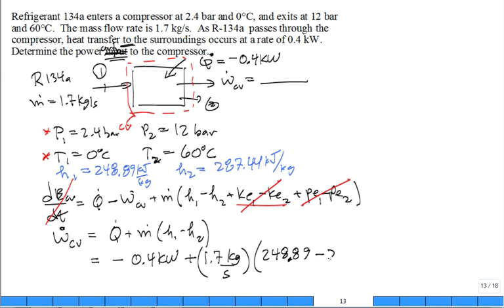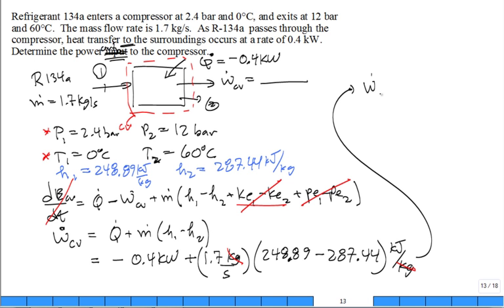Enthalpy out, 287.44 kilojoules per kilogram. The kilograms go. Kilojoule per second is precisely a kilowatt. And we calculate that the answer, W dot CV, is negative 65.9 kilowatts.